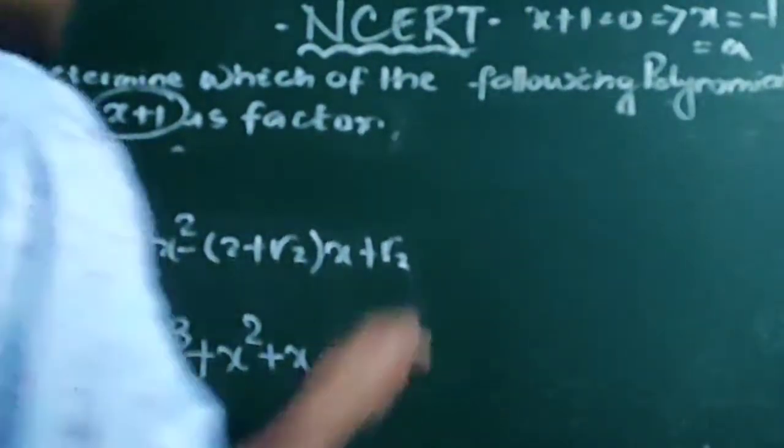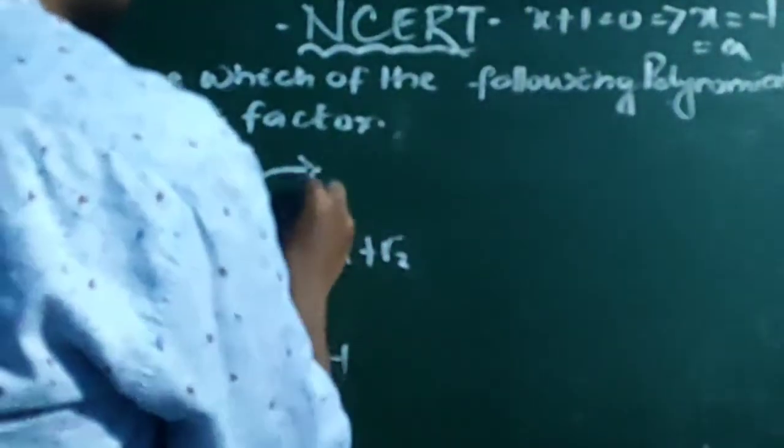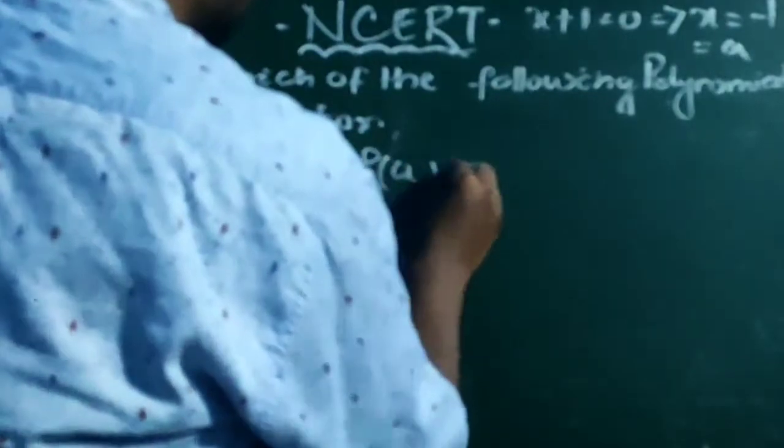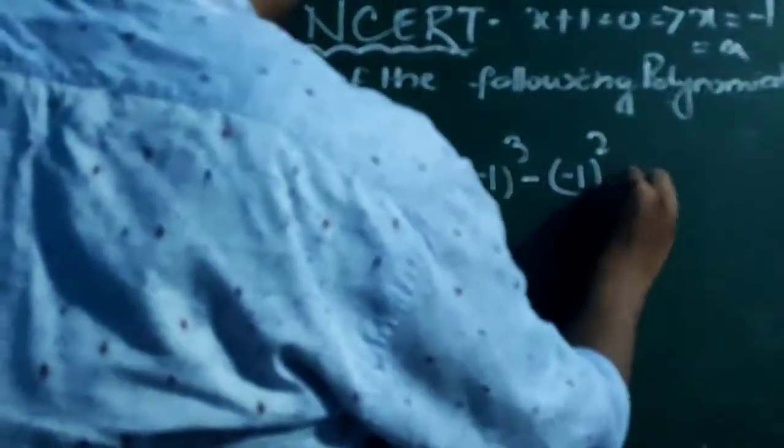Now look at the second example. Here we will put p(a) is equal to minus 1 cube minus 1 square minus 2 plus root 2 minus 1 plus root 2.